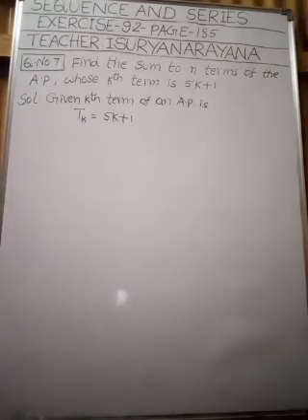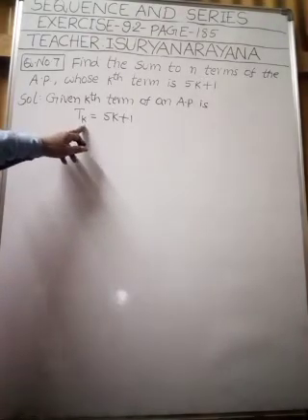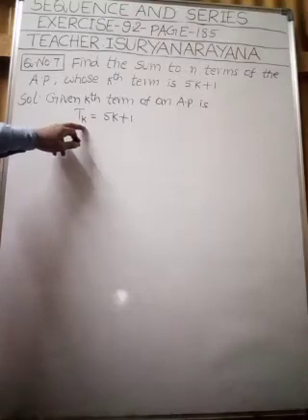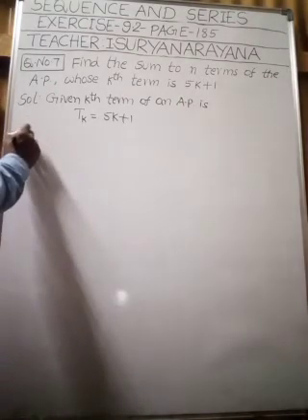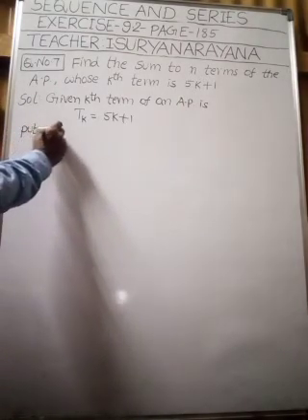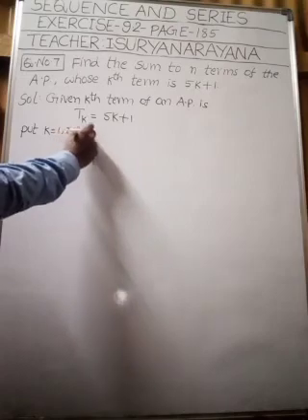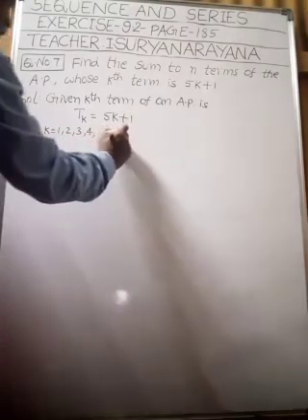Okay, my children. Or you can write ak also. Both denote the same. Okay, my children. Right. Now let us substitute k is equal to 1. Then we get the first term. Let us substitute k is equal to 2. Then we get the second term. Okay, my children. Put k is equal to 1, 2, 3, 4 and so on in the above equation.